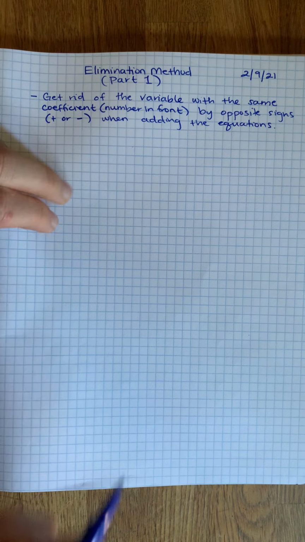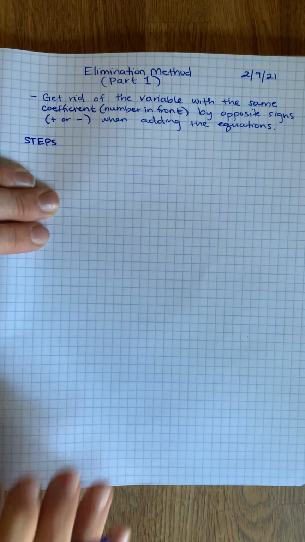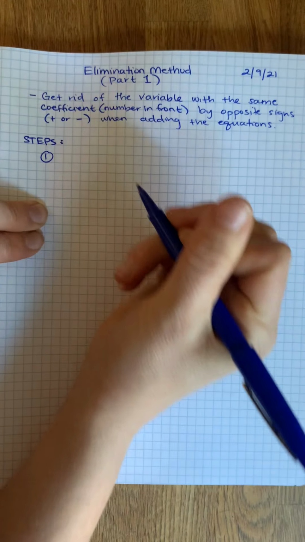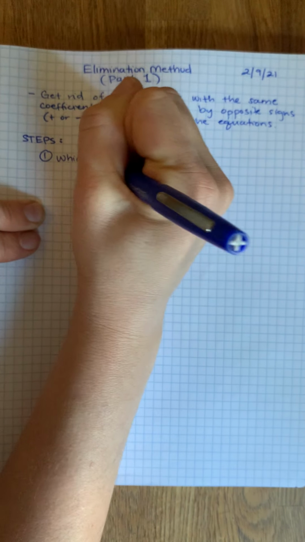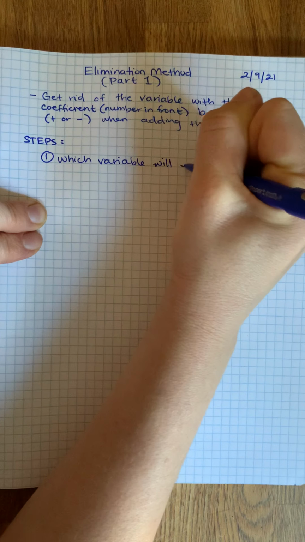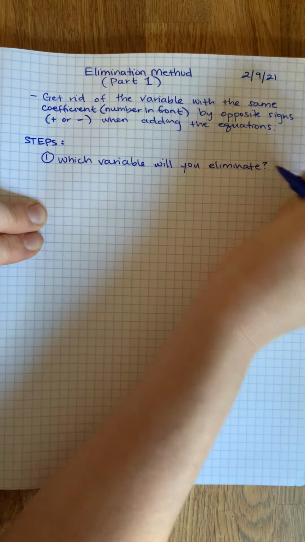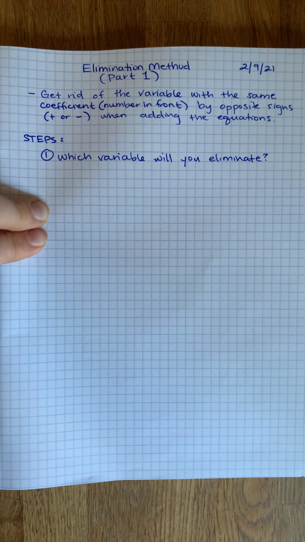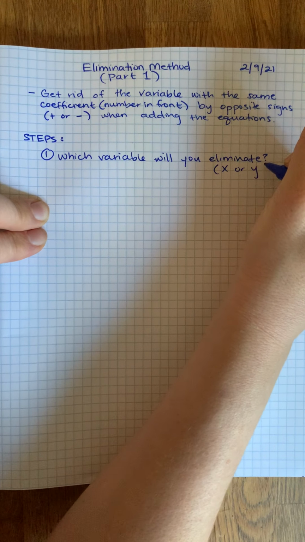Okay, so steps. Step number 1, which variable will you eliminate? So that means, are you eliminating your x's or your y's? So deciding which variable is going to be eliminated.